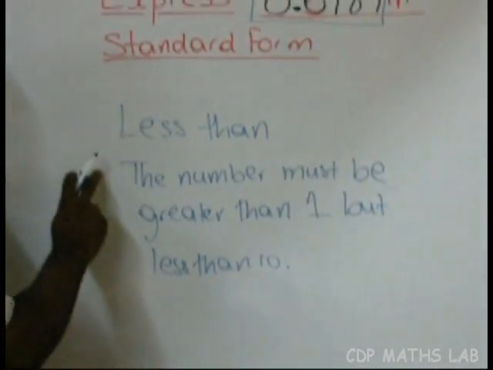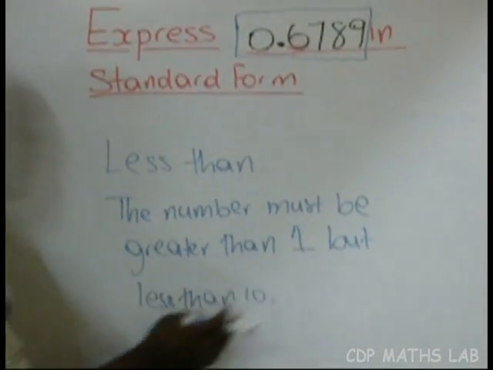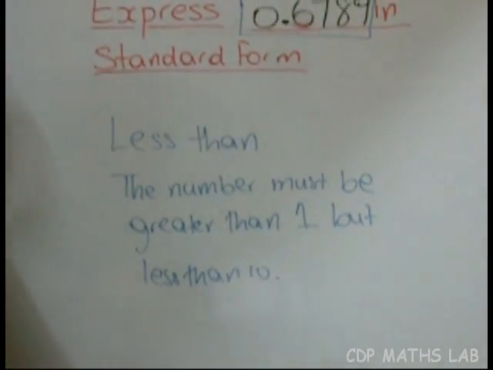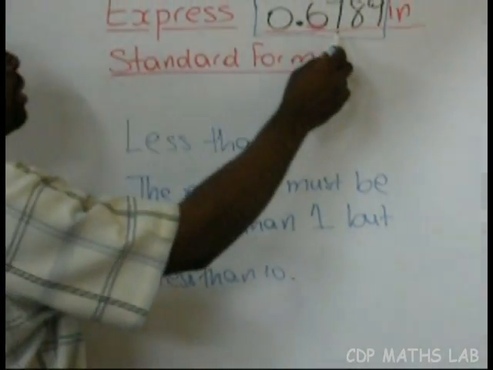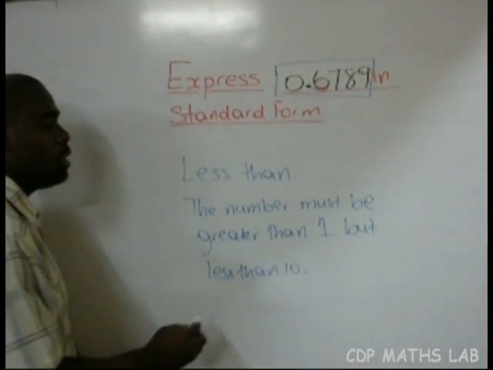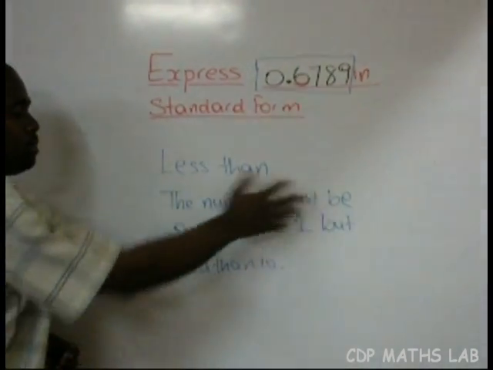So the number must be greater than 1 but less than what? 10. Okay, now if we are going to write this number in standard form, let us take it here, and I'm going to erase this, so I hope you write it off. I'm going to erase this part of it now.